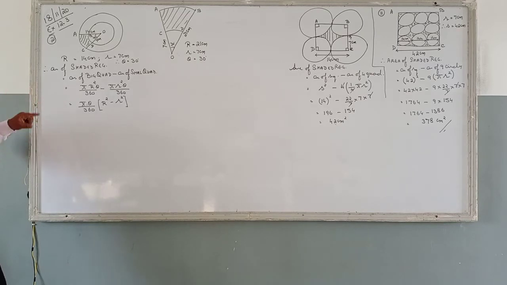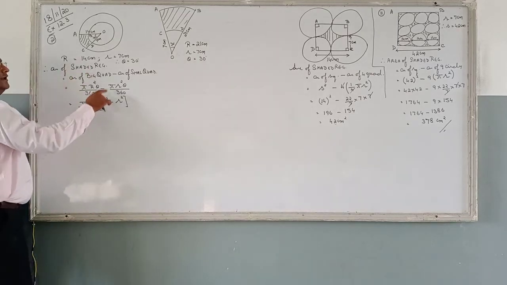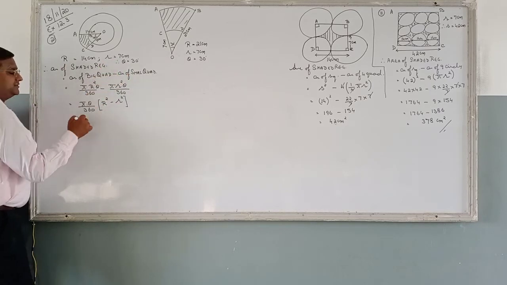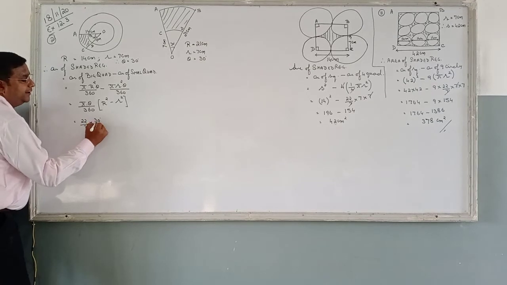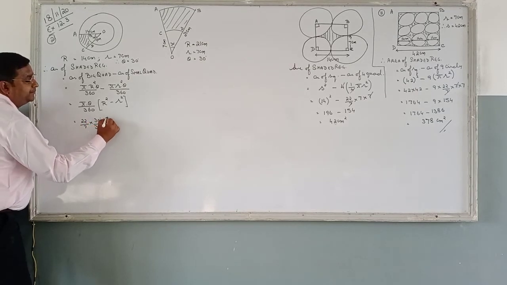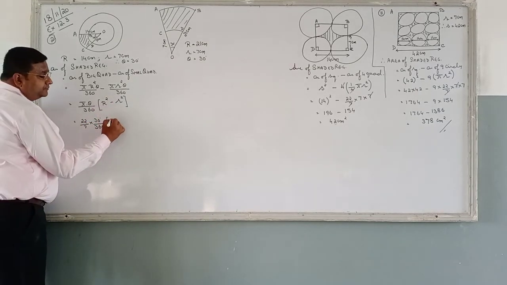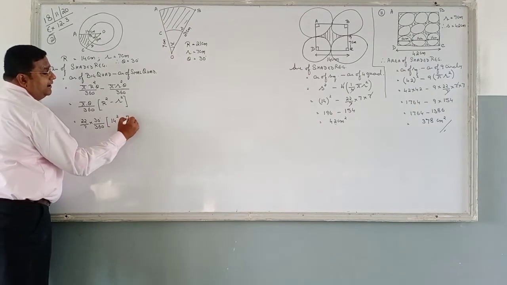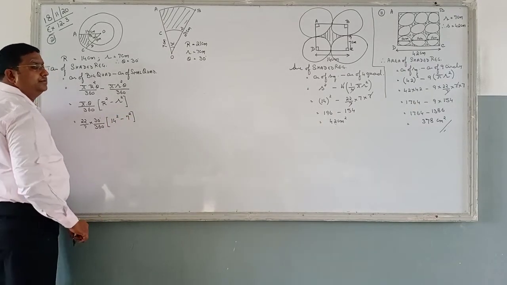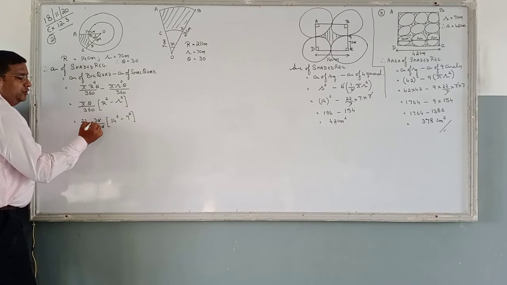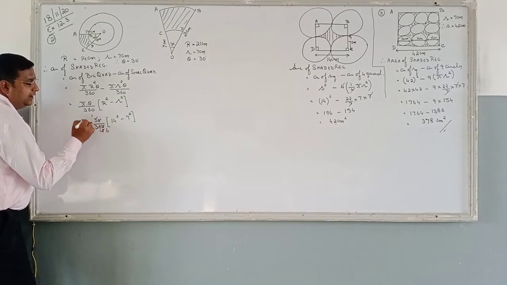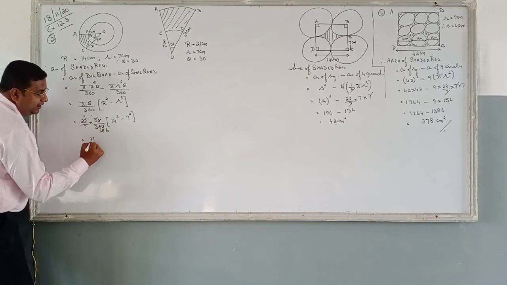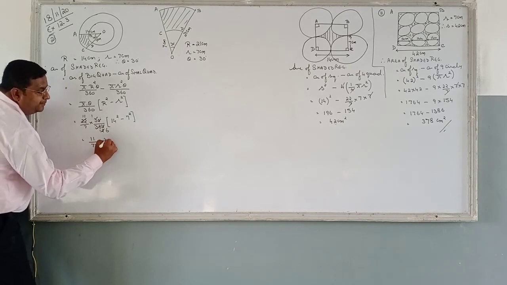Here capital R is 14, small r is 7, and theta is 30. So substituting: 22 by 7 into 30 upon 360 into capital R square, 14 square, minus small r square, 7 square. Cancelling the zeros, 3 ones are 3, 3 twelves are 36, 2 sixes are 12, 2 elevens are 22, so 11 upon 7 into 6 into.